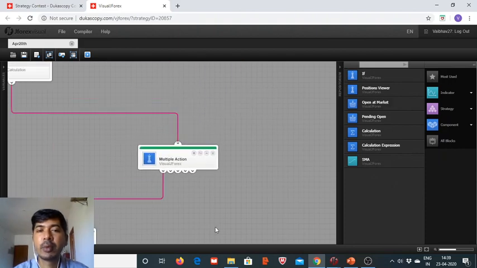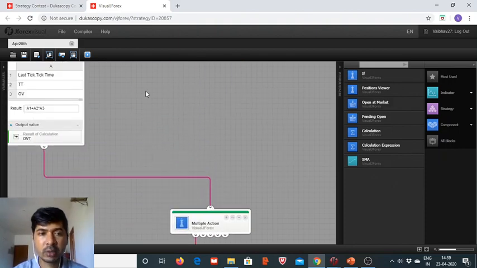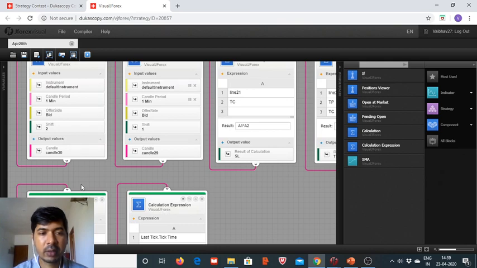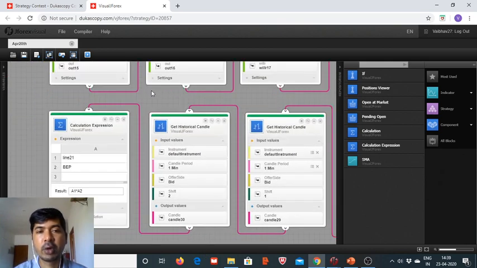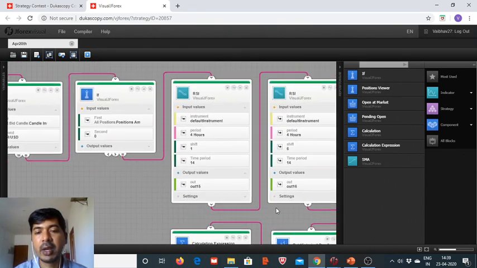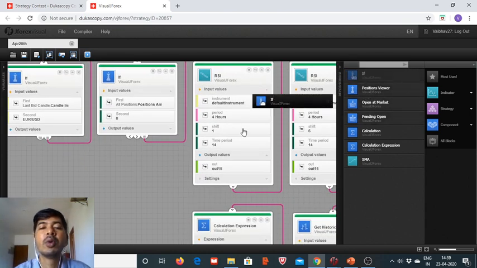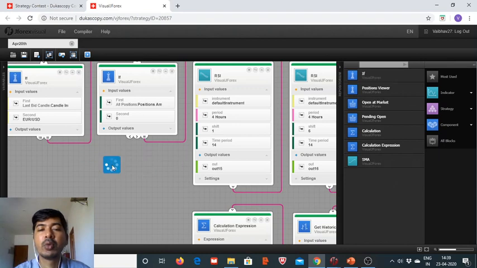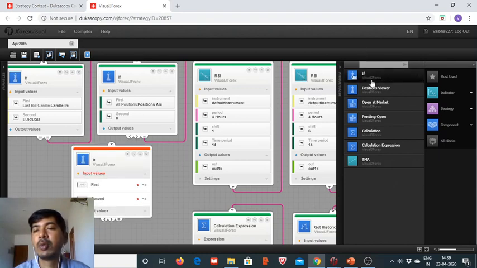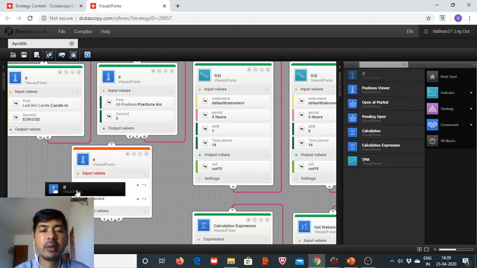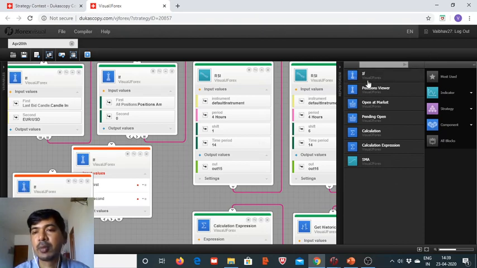We will need a couple of if blocks. We straight away first check the RSI values, and as I said, we compare the RSI value of the shift 1 block to the RSI value back in time. Let us take a couple of if blocks here.